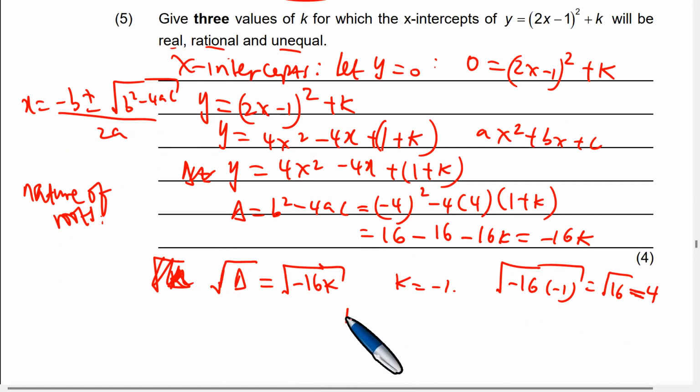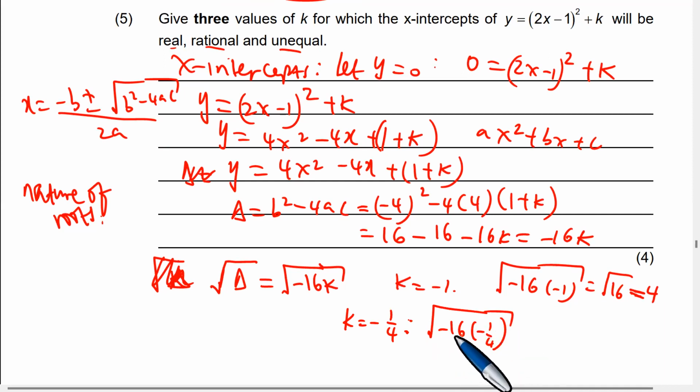And then if k is, say, minus 1/4, if you divide 16 by 4, you get 4, and the square root of 4 is 2.